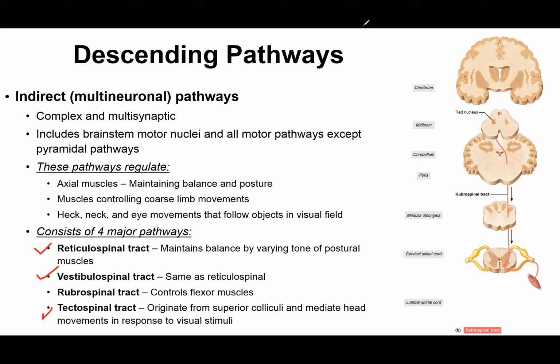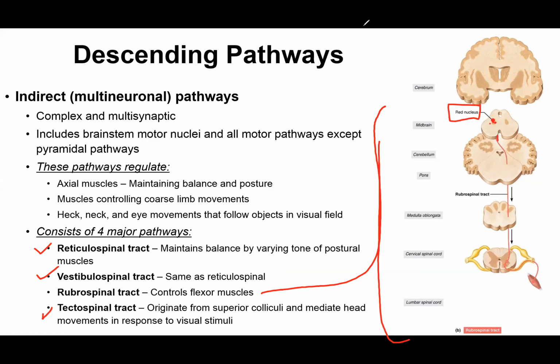So I have over here the rubrospinal tract just to show you the example. And so this is the one that controls the flexor muscles. Okay, and so the rubrospinal tract, for example, is going to originate here in the red nucleus of the midbrain.